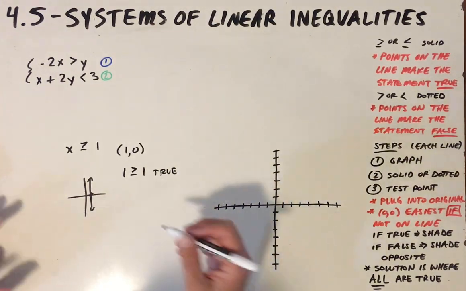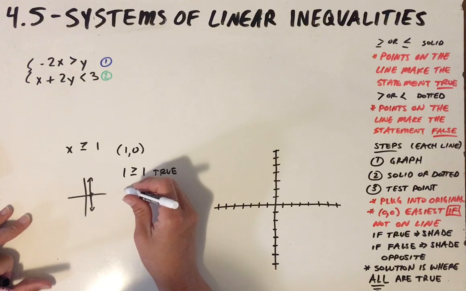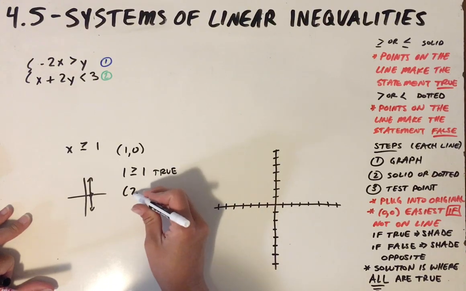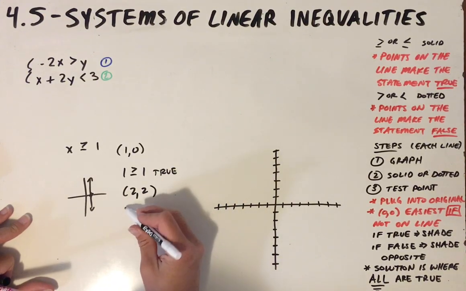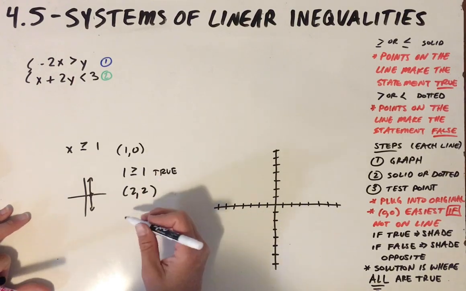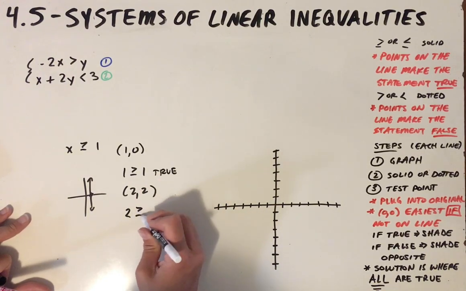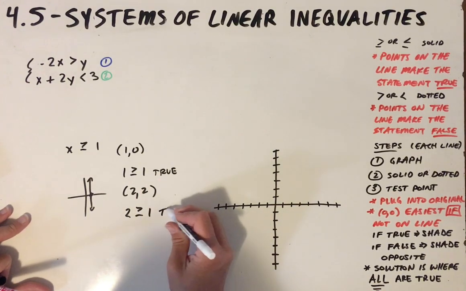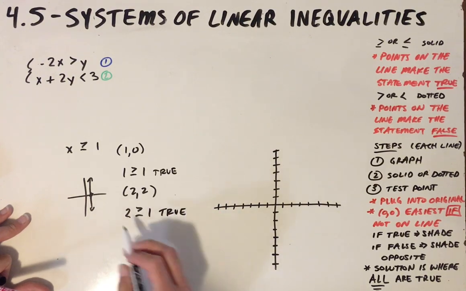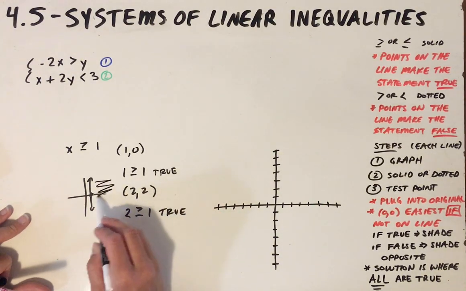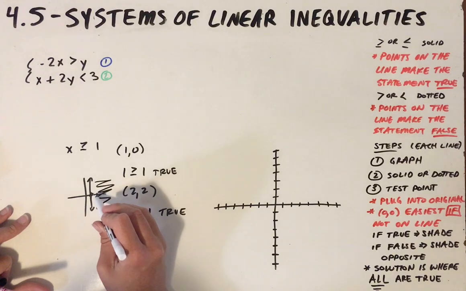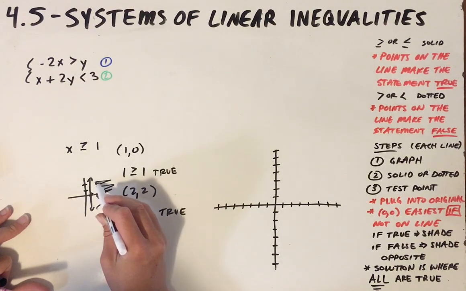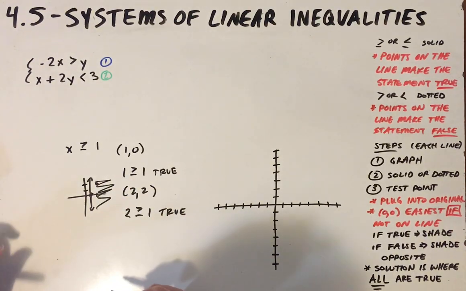But what about the point 2, 2? Let's plug in the point 2, 2. There's no place to plug in a y, so I'm just going to plug in 2 is greater than or equal to 1. Well, this is also true. So that means all of the points over here where 2, 2 would be, which is right here, are true.